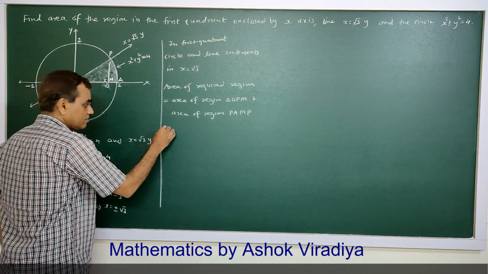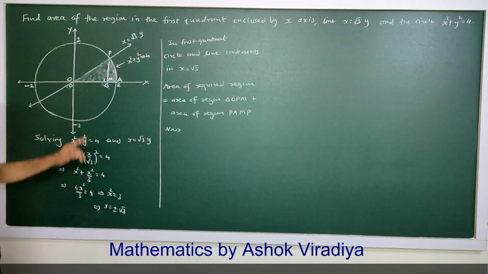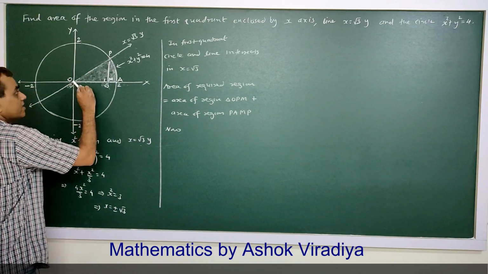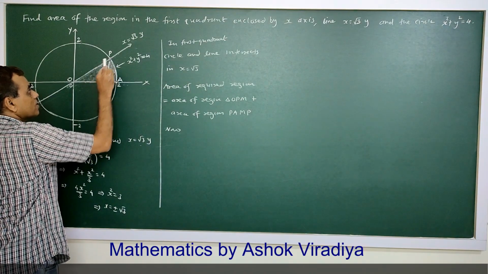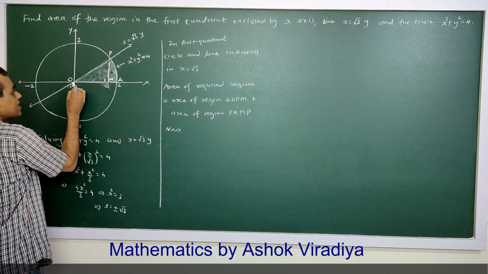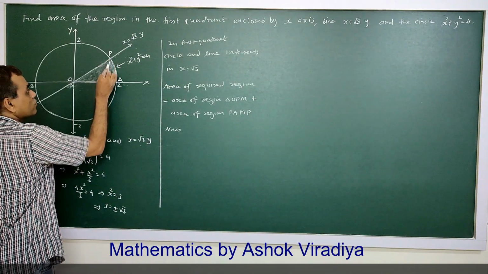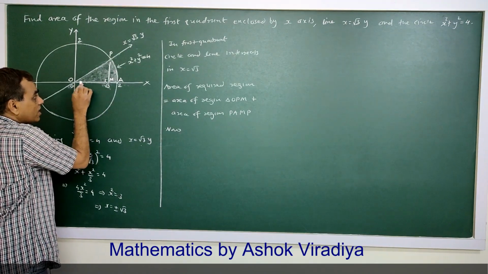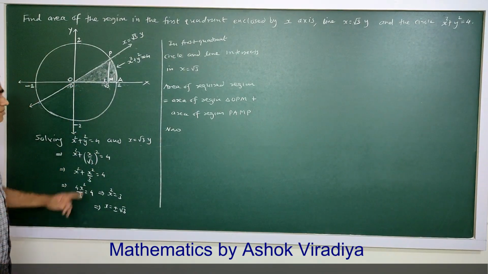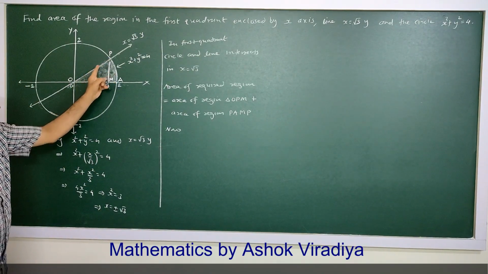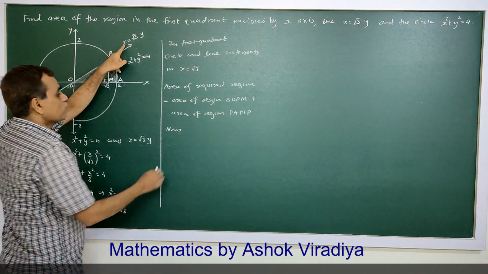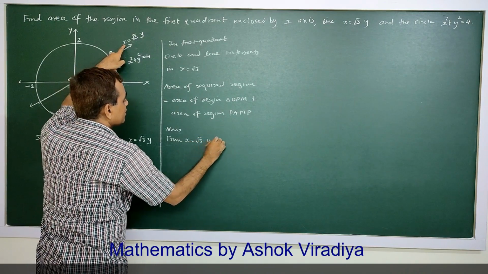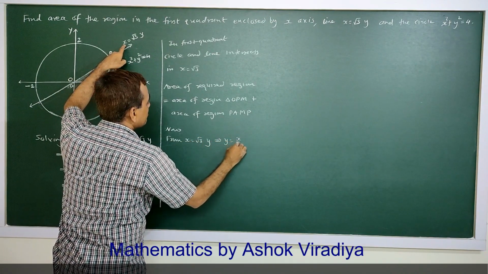Now to find the area of this triangle, it is bounded by this curve, the x-axis, and it is between x equal to 0 and x equal to root 3. So we are going to use the dx formula to calculate this area. We need the value of y from this equation. So from x equal to root 3y, here y is x by root 3.